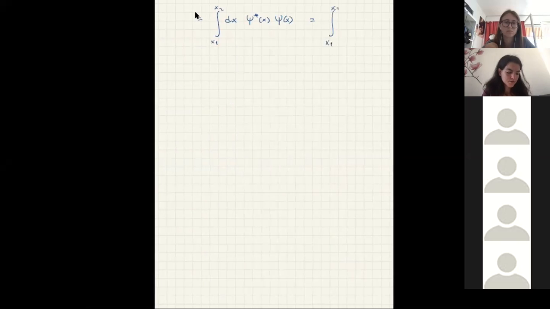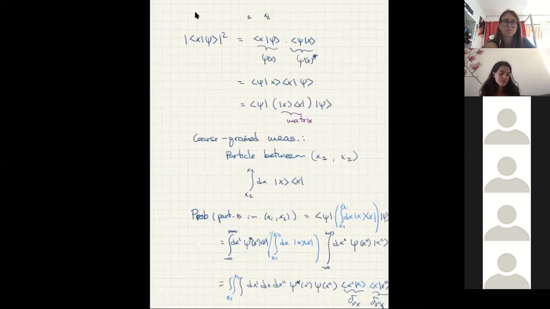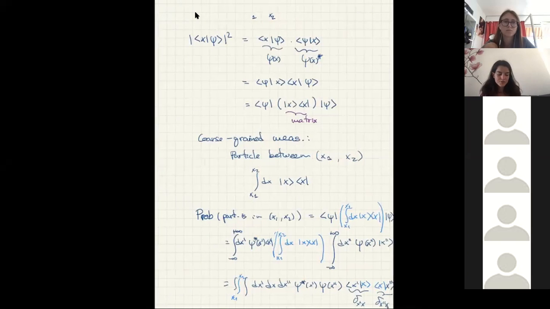x1, x2, dx of x. That's great. Okay, good. In the other case, in the qubit case, it's hard to talk about a coarse-grained measurement.